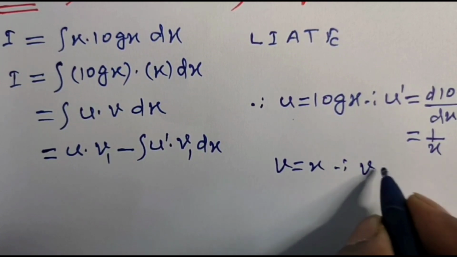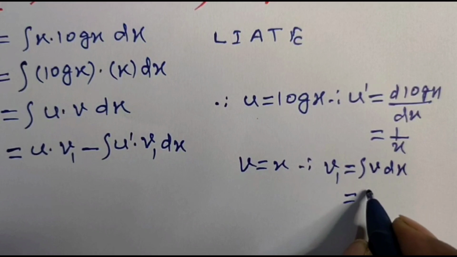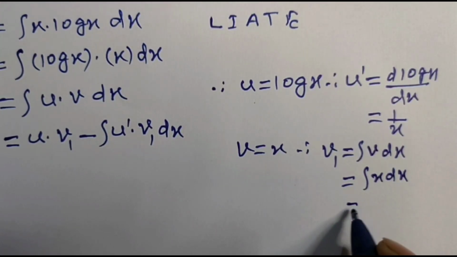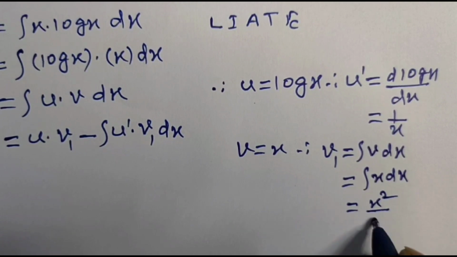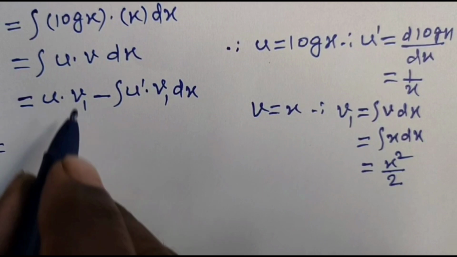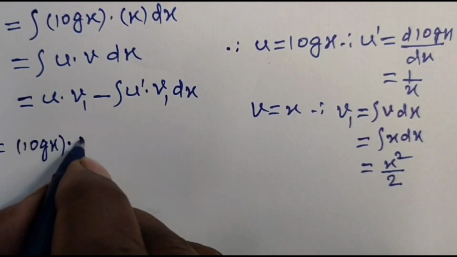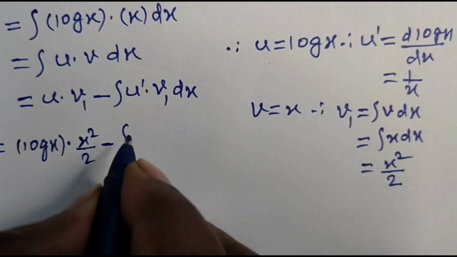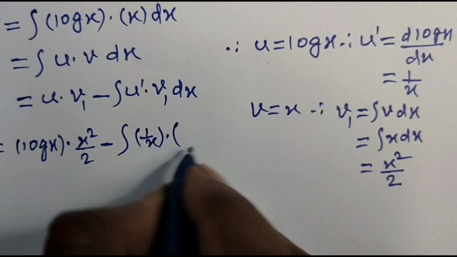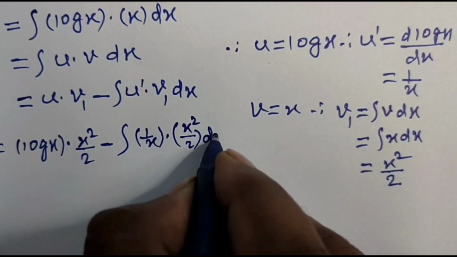Hence v1 is nothing but integral of v with respect to x, but v is x, integral with respect to x, and this is equal to x square divided by 2. Put these values here. Hence I is equal to u v1, log x into v1 is x square divided by 2, minus integral of u dash is 1 upon x into v1 is x square divided by 2, integral with respect to x.